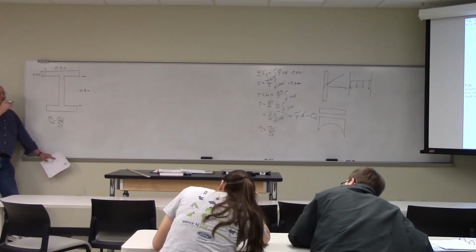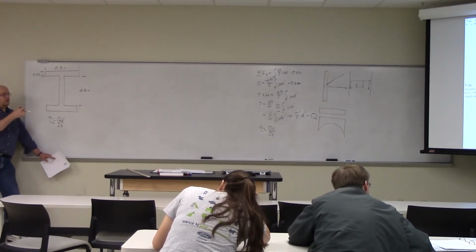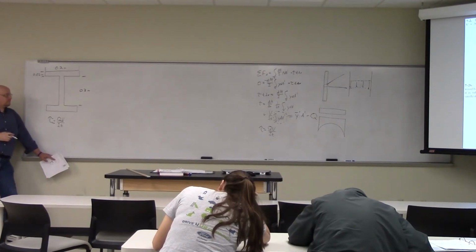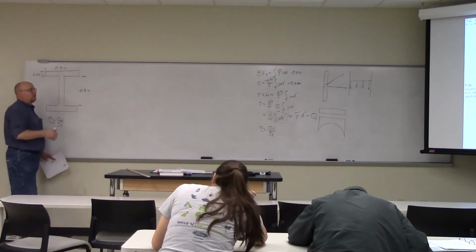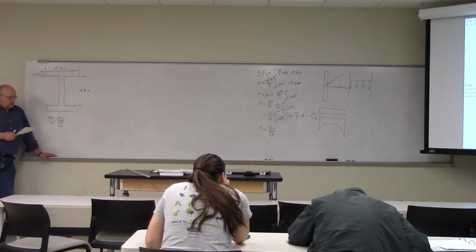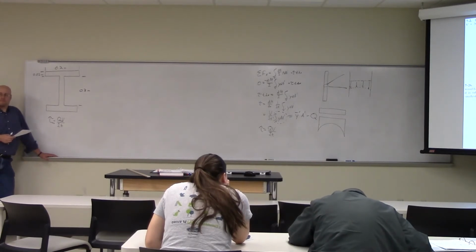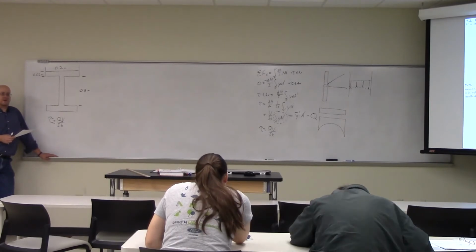T is fixed for a particular location, and T is the thickness along that line. For the location of maximum, once we find the maximum Q, the T is going to be fixed. So to find tau max, I've got to find Q max.